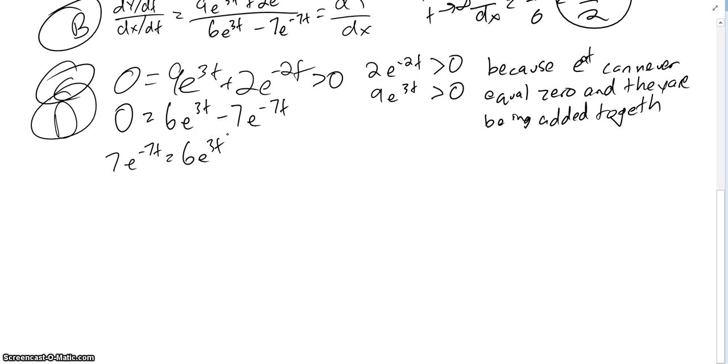The way we're going to find that is pretty straightforward algebra. I'm going to do e to the 3t, switching sides here, over e to the negative 7t is equal to 7 over 6. Then we can take the log of both sides.